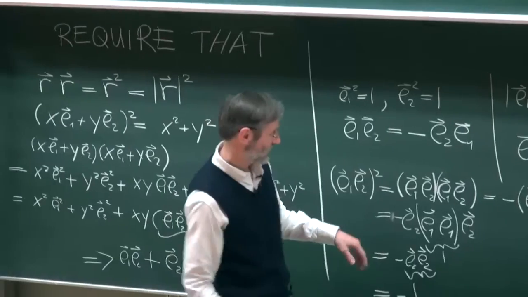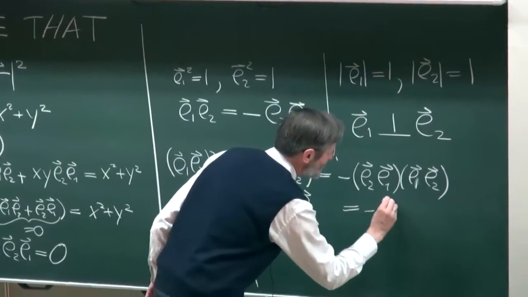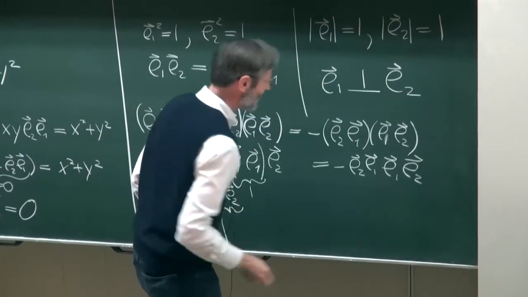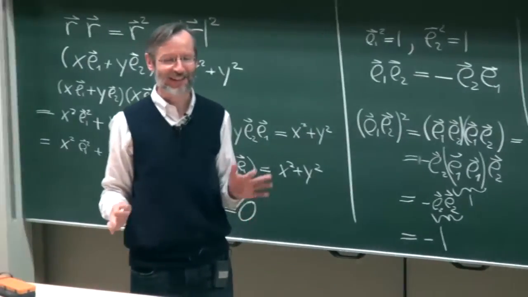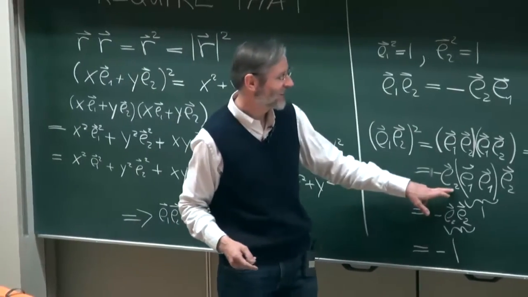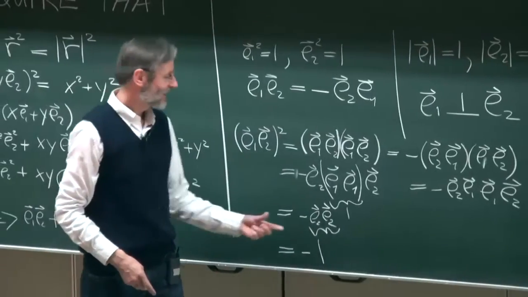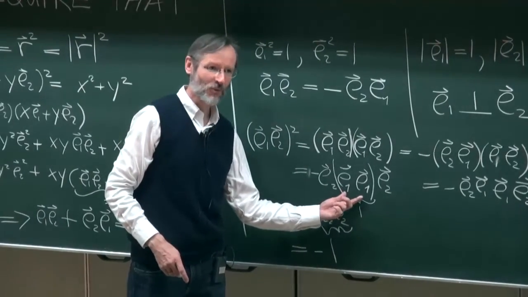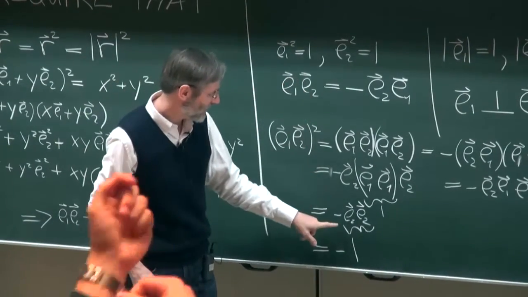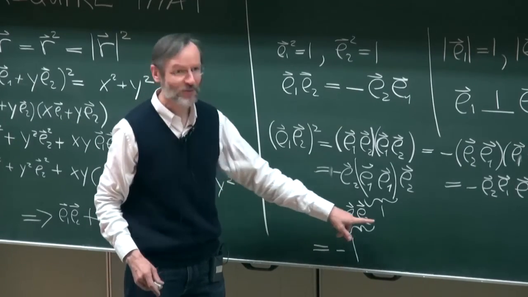And I get, from this one, minus E2, E1, E1, E2. And I have dropped all the brackets, but I can arbitrarily introduce new brackets. And that's what happens here. I take this expression and I insert new brackets here, indicating I first want to multiply E1 with E1, which I know is 1. And therefore I get as a leftover only minus E2 times E2.